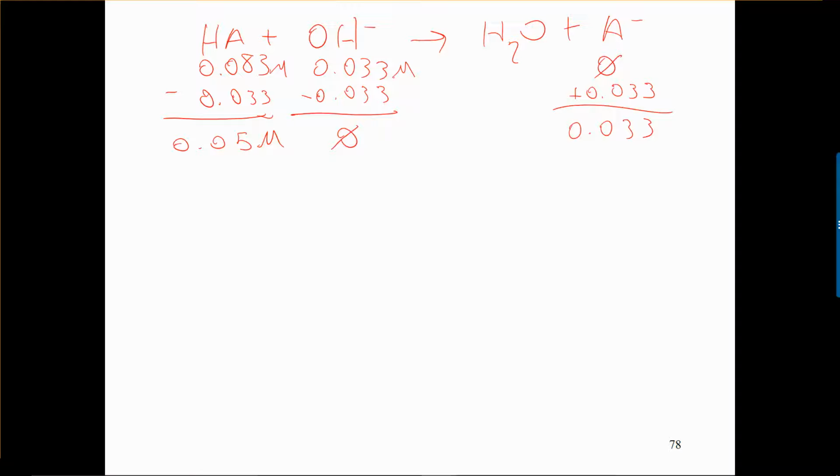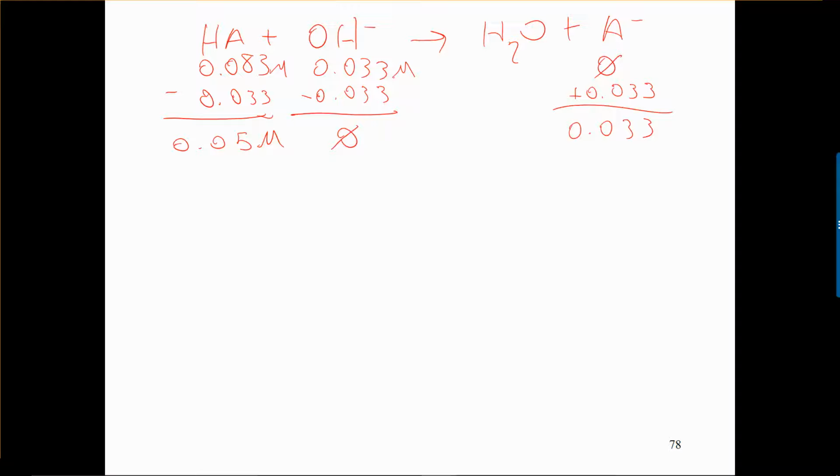It's going to react with the 0.083 molar HA, and one of those two things is going to go to 0, the one in the lesser amount. So which one's in the lesser amount? OH minus. So OH minus is completely gone, and 0.033 of it reacted with the HA. That's how much HA I'm left with.